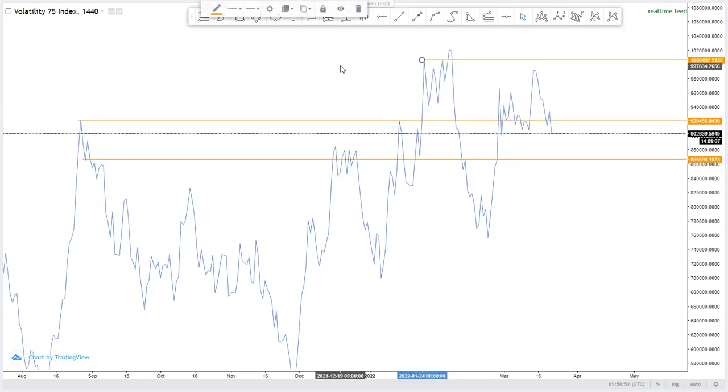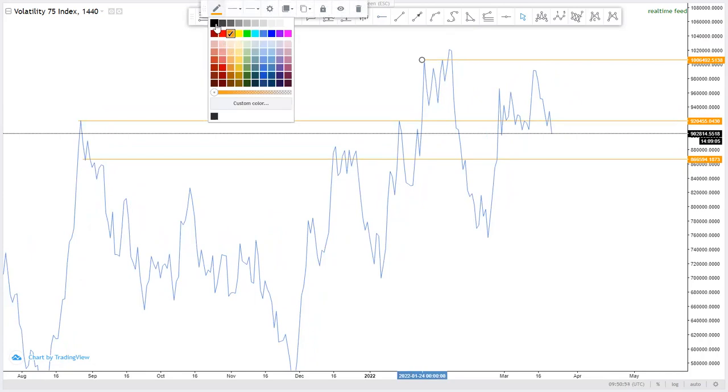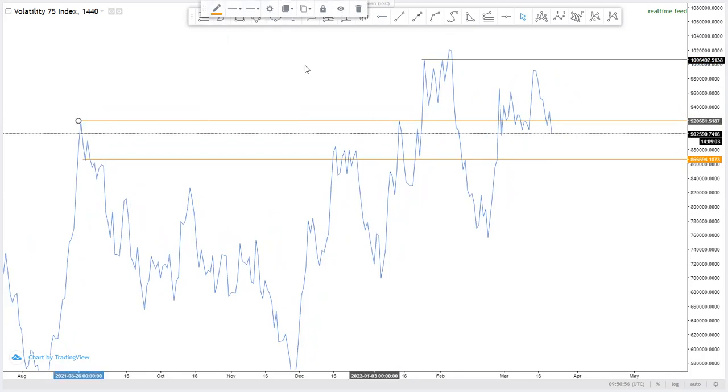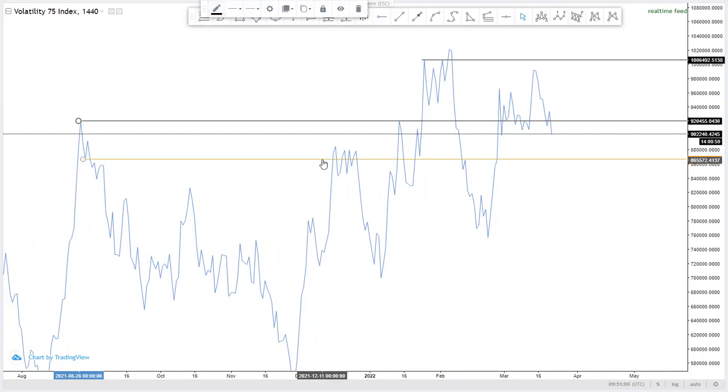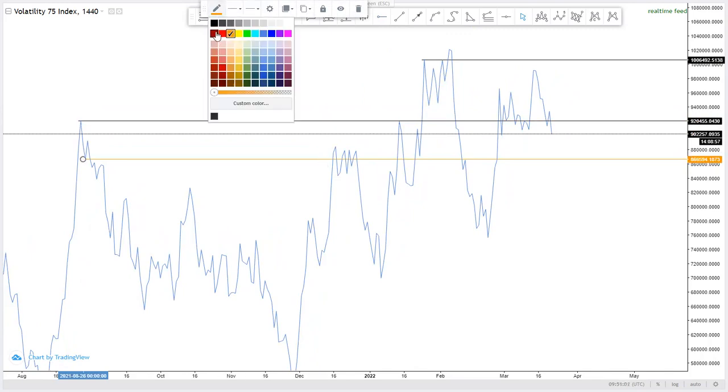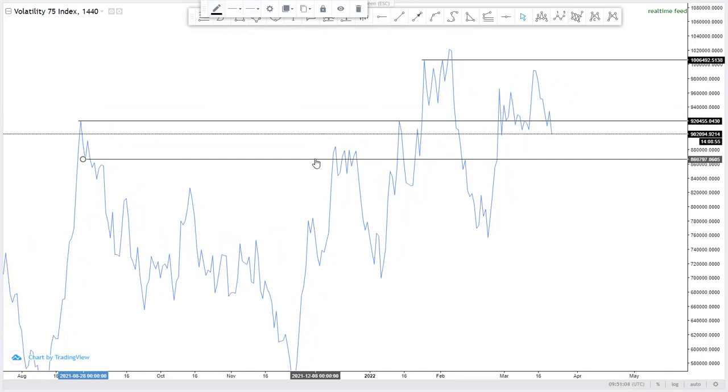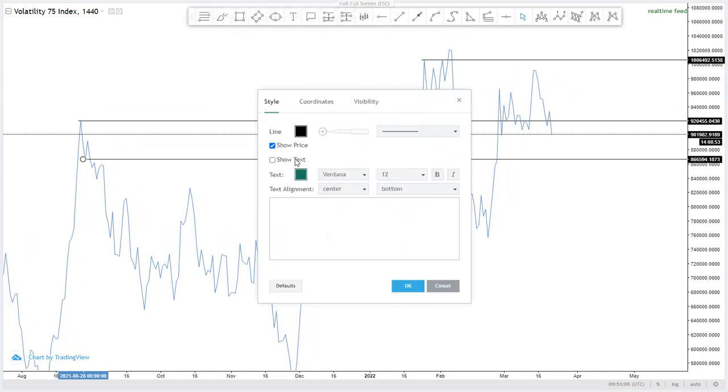Let me just make them black like that. So obviously I will need to also name them. Show text, that's a daily.